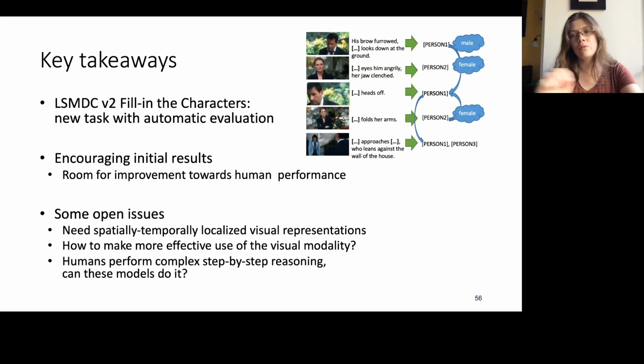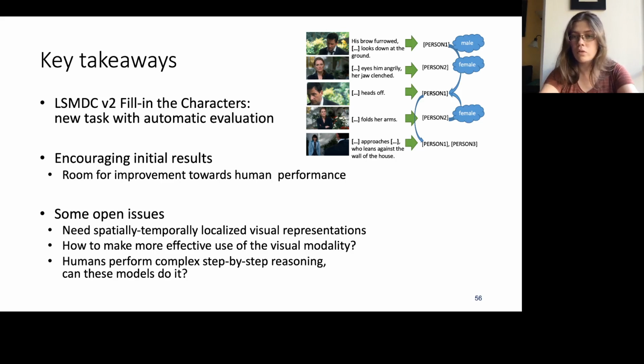So to summarize this part, the fill-in-the-characters task allows automatic evaluation based on this pairwise accuracy. And the initial results are encouraging, but there is a really large room for improvement.